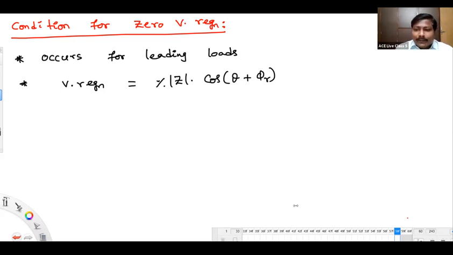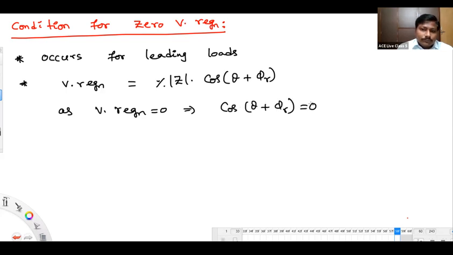And as it is required to make the voltage regulation 0, I should say cos of theta plus phi r equals 0. Then obviously you can say theta plus phi r equals 90 degrees.